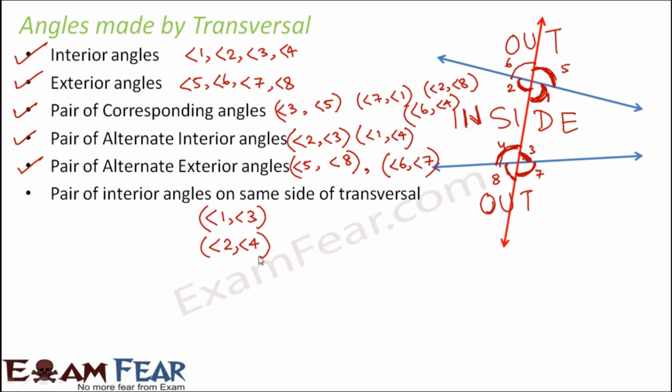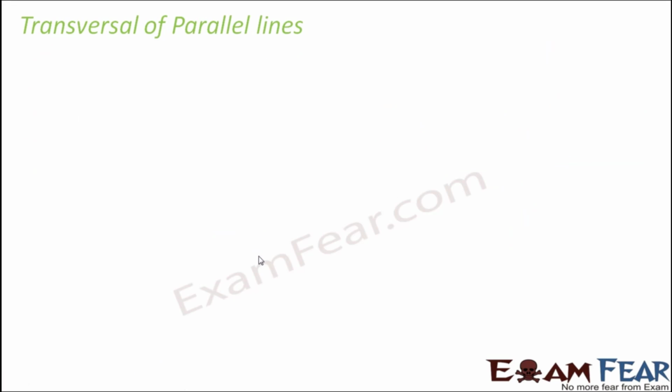So you see, these are all angles which are formed by the transversal and they have been given different names based on their positions. Now we talk about a transversal of parallel lines, because when we draw a transversal on parallel lines, we see that a lot of relationships between these angles which we discussed just now are established.